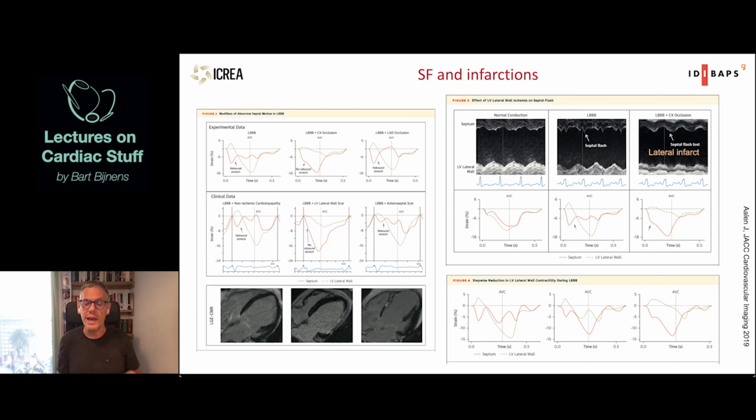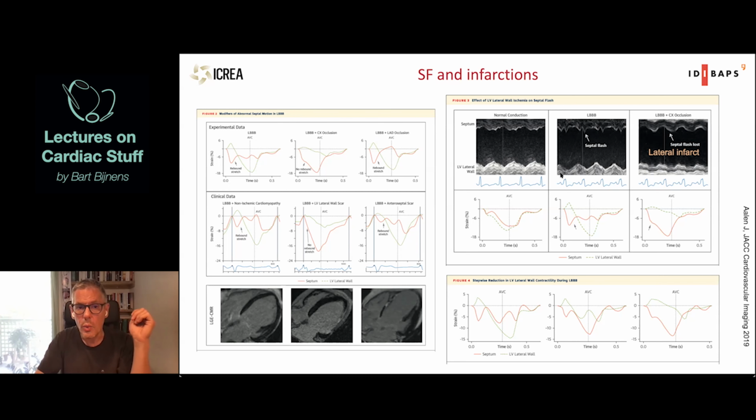Of course, when we have infarcts, and many left bundle branch blocks are actually induced by infarcts, there will be consequences for the mechanics of these parts. If we have a large lateral infarct, for example, the septum is contracting, the lateral wall is less contracting, and we actually don't see the septal flash anymore, because although the septum is activated early and starts to contract, there's never any counter contraction of the lateral wall. So we do not see that.